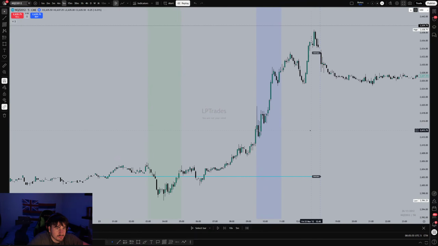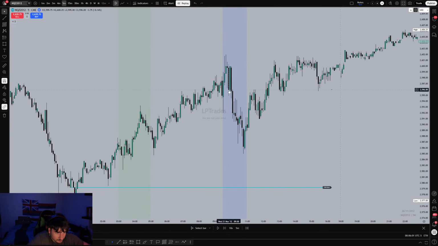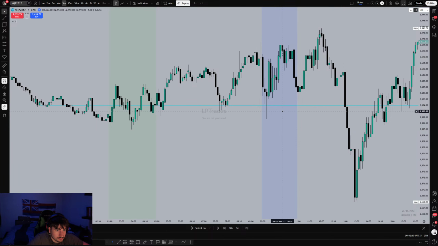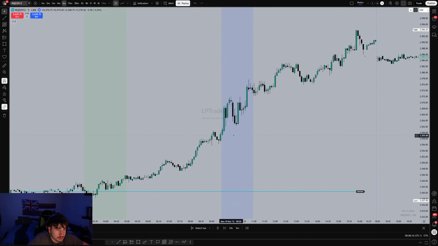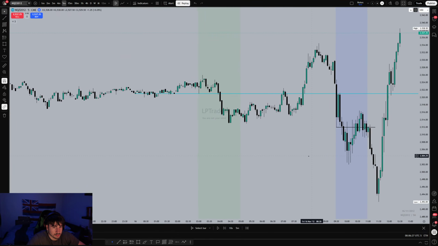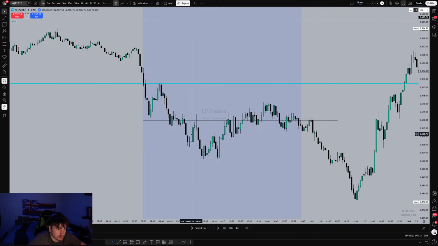Even London seems to have okay movement. Oh, never mind. This is tough. I'm not seeing any good sweeps. There's a questionable one. No, not really. Nah. Here's a good sweep. Nice body. Would have lost. Actually, it wouldn't even have been an entry.